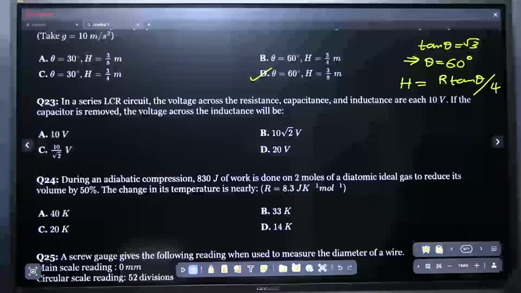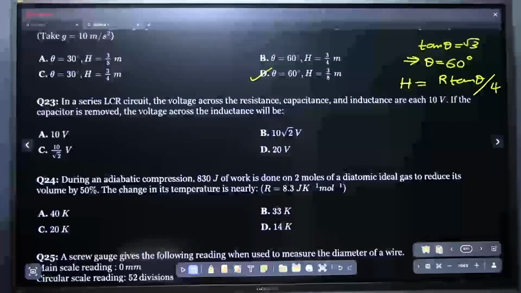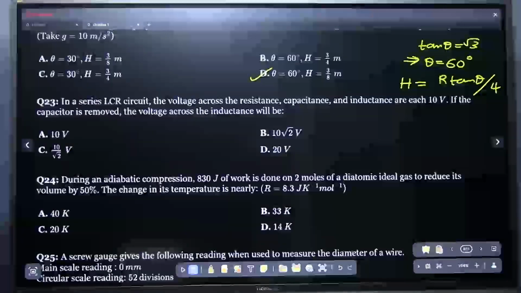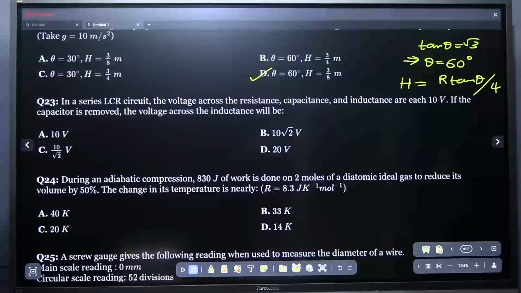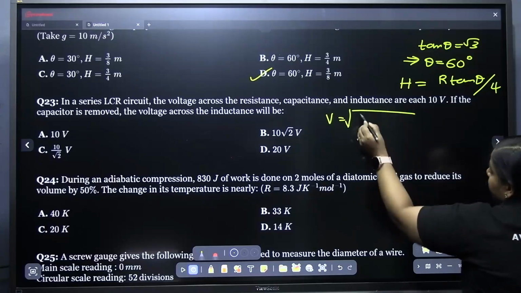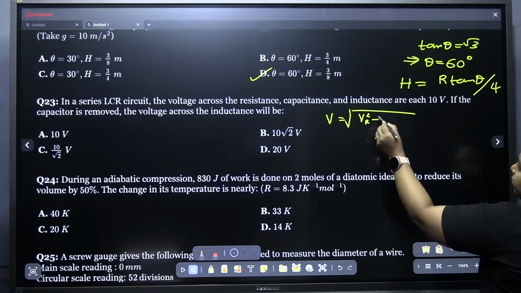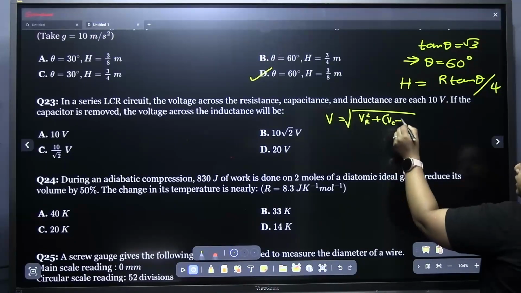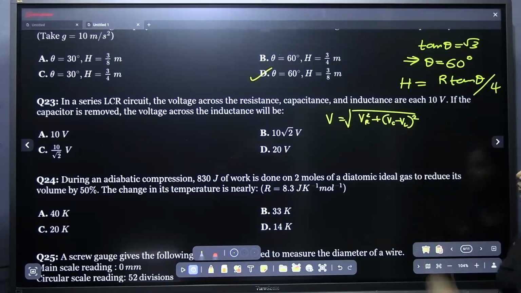Next one: in a series LCR circuit, the voltages across resistance, capacitance and inductance are 10 volt each. If the capacitor is removed, the voltage across the inductance will be? So as I told you, total voltage is equal to root of VR square plus (VC minus VL) the whole square.